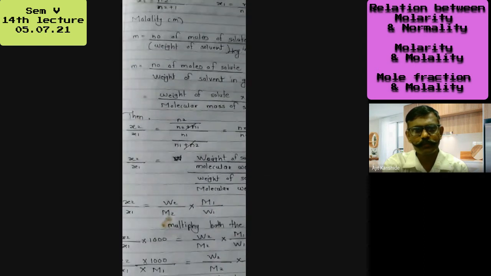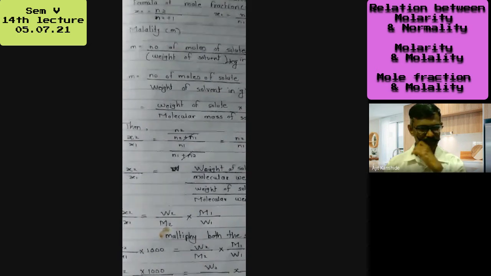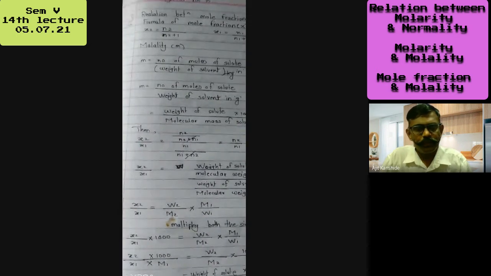Good. Okay. x2 to x1, mole fraction of solute, mole fraction of second compound divided by first compound, n2 divided by n2 plus n1 divided by n1 divided by n1 plus n2. Then n2 plus n1 divided by n1 plus n2 gets cancelled, then n2 divided by n1.